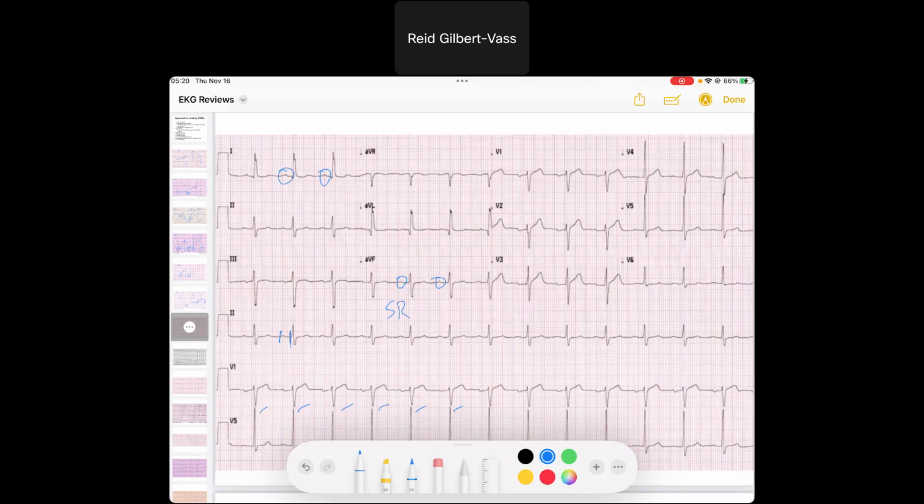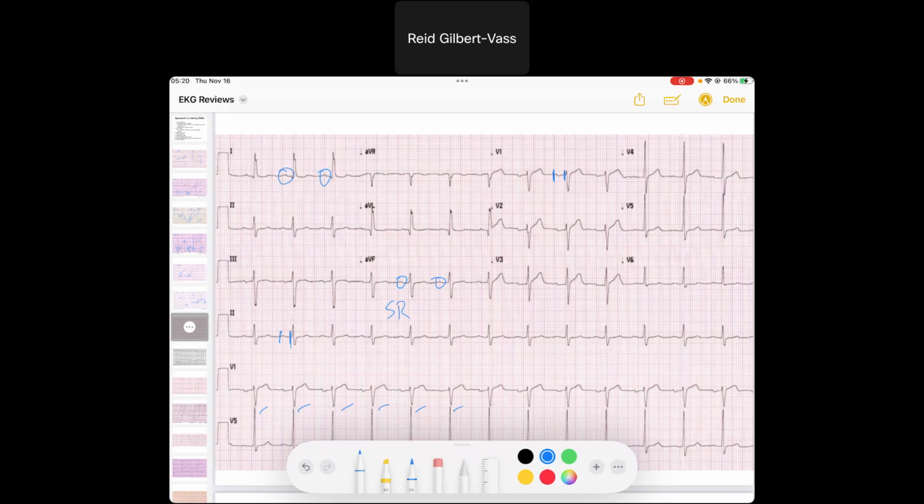Let's find a QRS that starts right on the thick line. So I would say this one right here starts pretty on that thick line. Maybe right at 200.